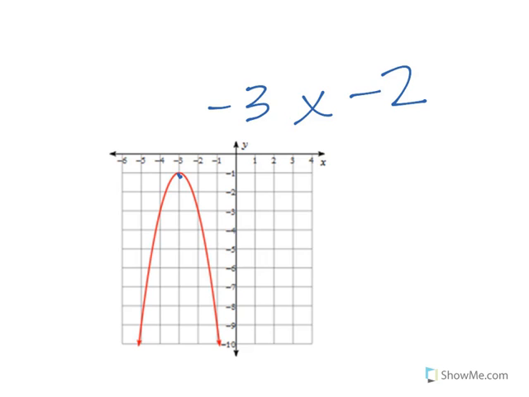So between those two, at -3 my graph is here, and at -2 my graph is here. So what is that slope? I count from here to here. On my -3 to -2, my slope is going to go down 2 and over 1. So the slope is going to be -2.